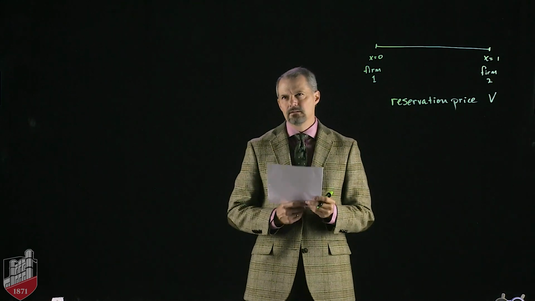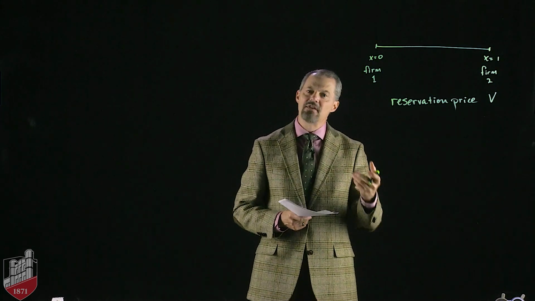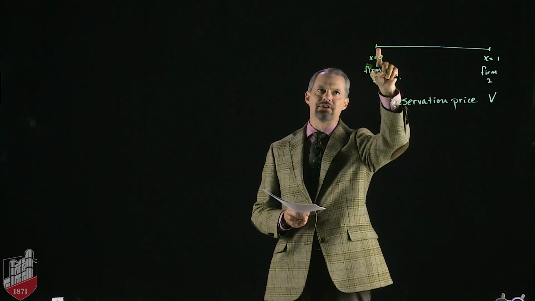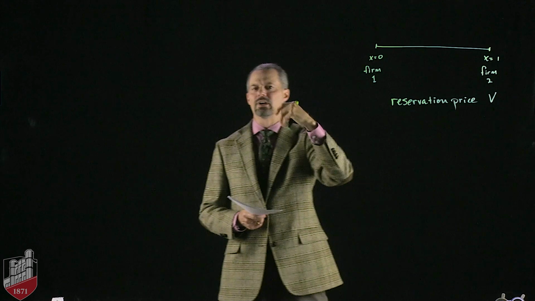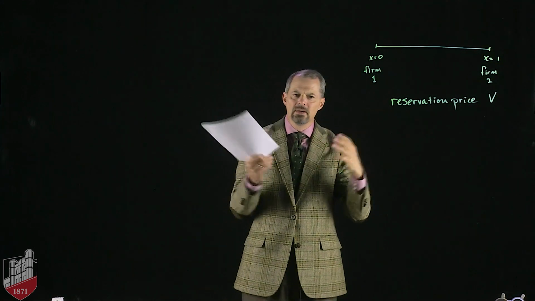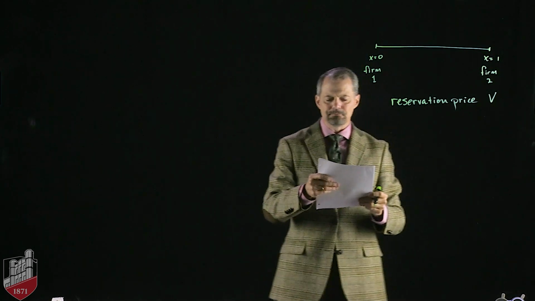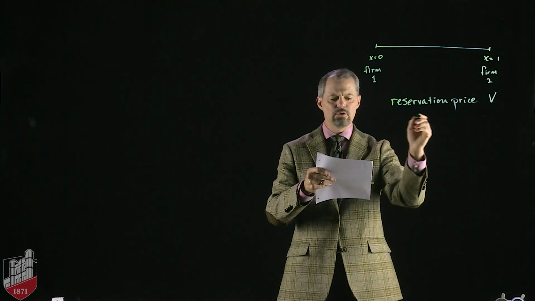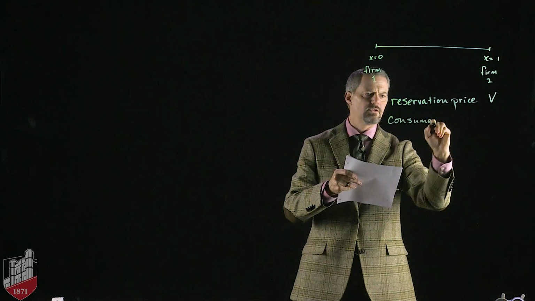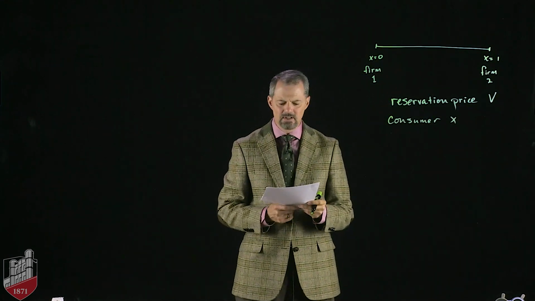Now, if a customer buys a good that isn't their most preferred, they incur a cost. In the same way that if they are right here and they travel to this store to buy it, they're going to incur a travel cost. So we can think about it as travel cost or some disutility penalty. But let's say consumer X purchases a good that's not their most preferred.